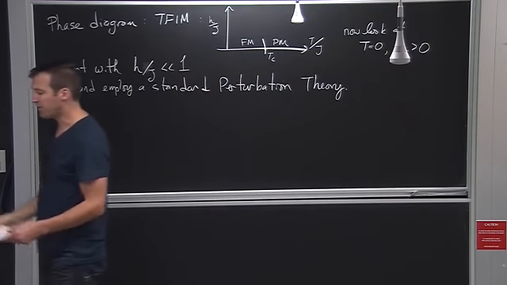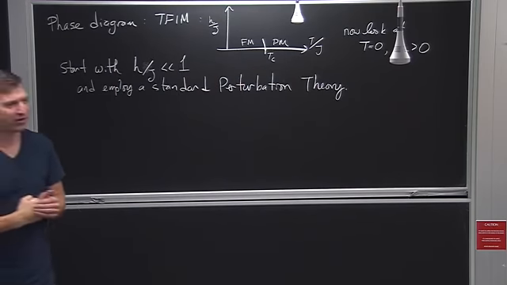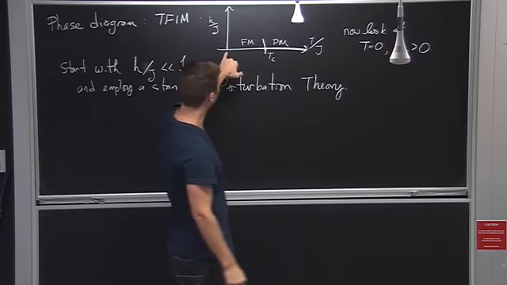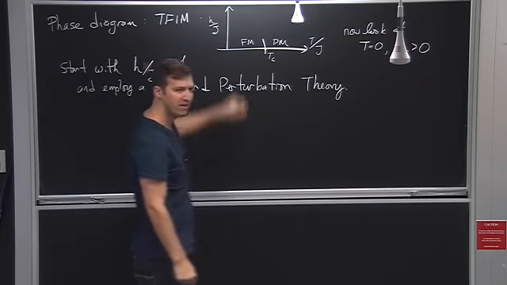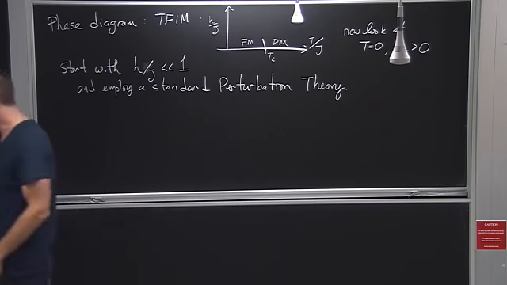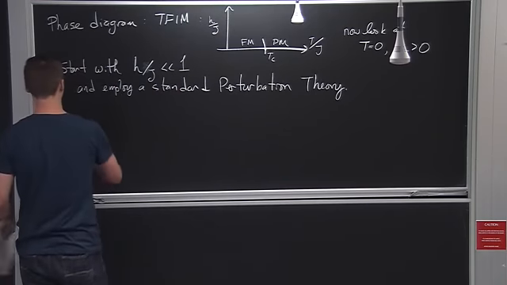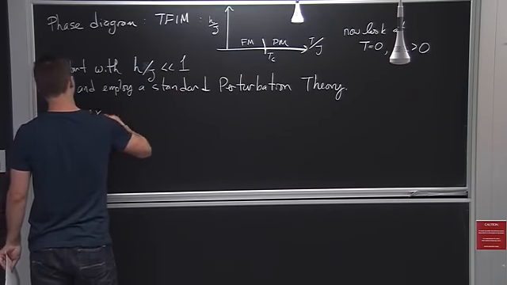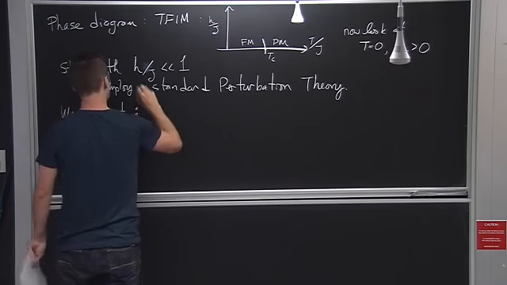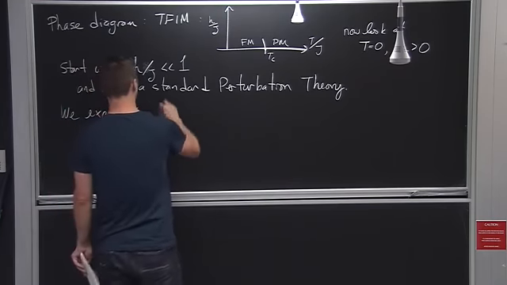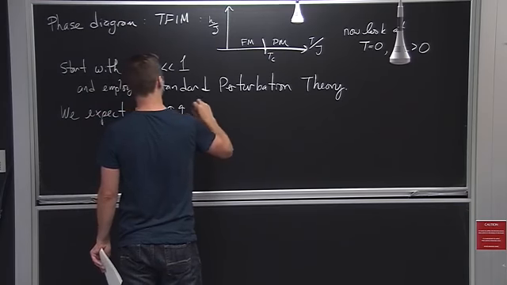We're going to use non-degenerate perturbation theory, assuming that we're starting from the ground state of the zero temperature classical model. And we'll assume spontaneous symmetry breaking so that we can begin with a many-body state.